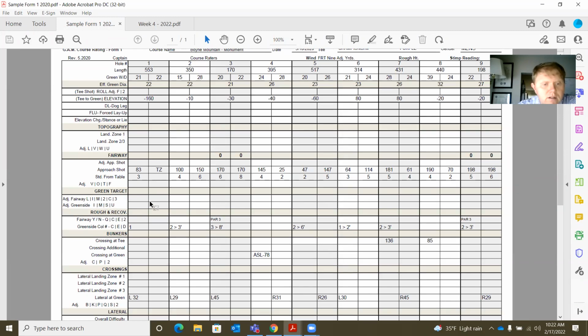So you could have a mounding adjustment, which M stands for, in the fairway as well as green side. It doesn't happen a ton, but it can happen. So that is one example where you could have two adjustments, but you want to make sure you apply it in the fairway or the green side, wherever it comes into play.